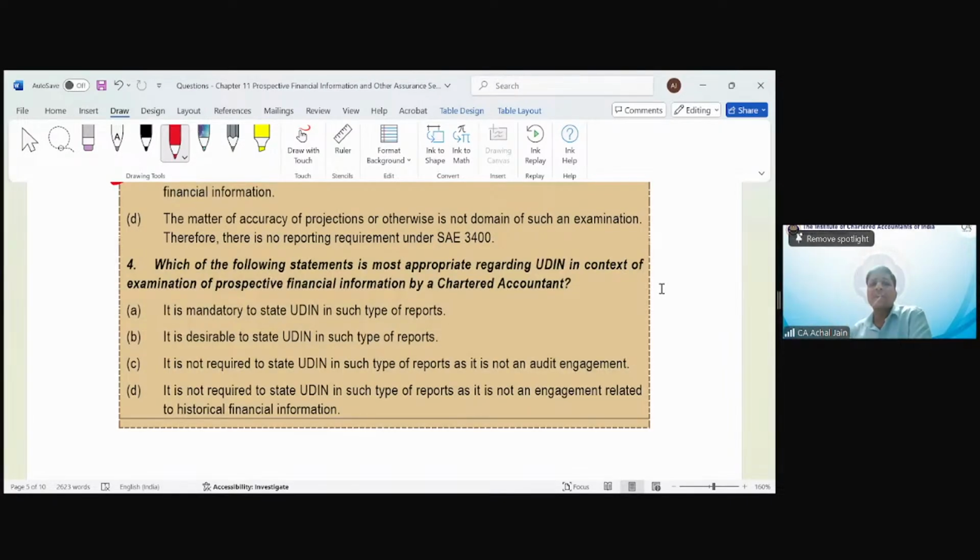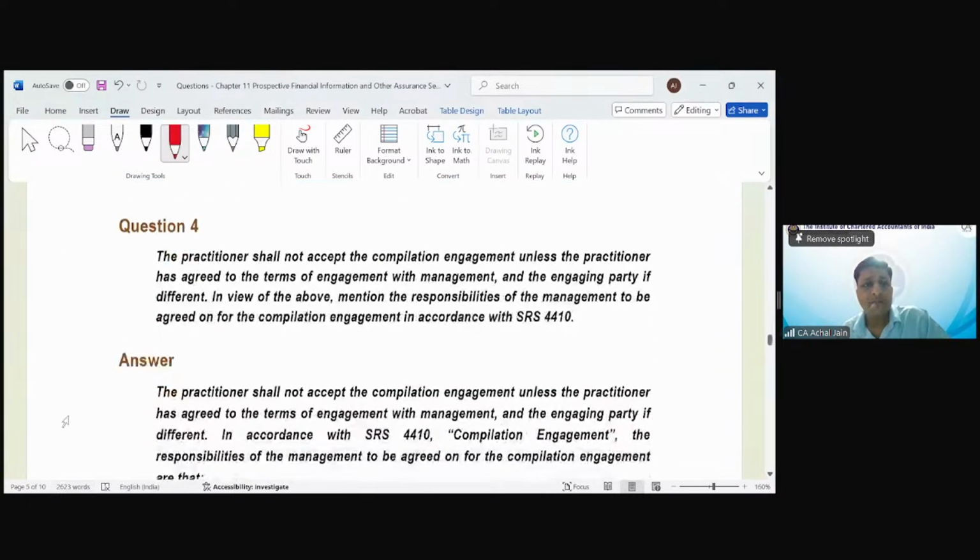D. Not required to state UDIN in such type of reports because it's not an engagement related to historical financial information. Yes, sir. Option A, sir. Because the moment you say it's an assurance, UDIN will have to be included. Right? Right, sir.